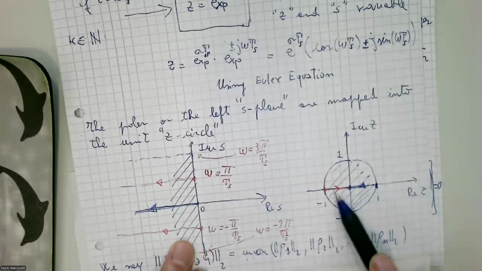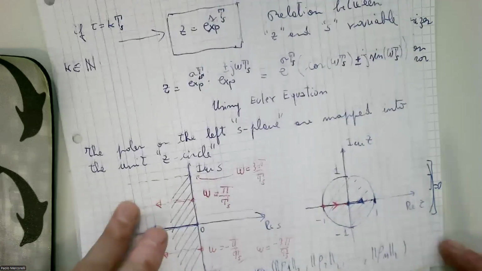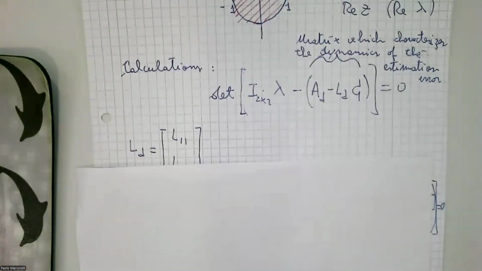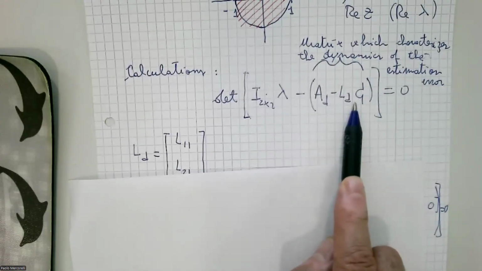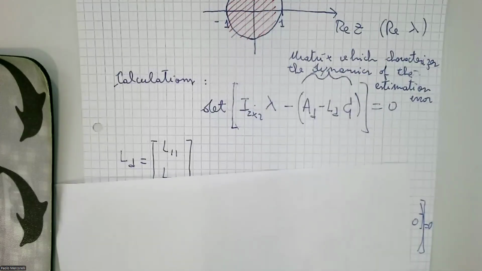I can place here, I can place here if I want oscillation. I can place close to 0 if I want a very fast system. Because I can also use this correspondence. This means I can fix this as I want. I can calculate LD, which guarantees this independent of TS, or almost independent of TS, because TS becomes a technical condition.